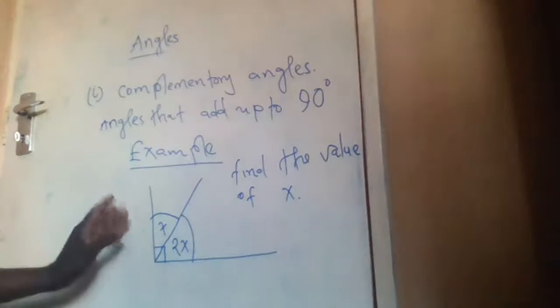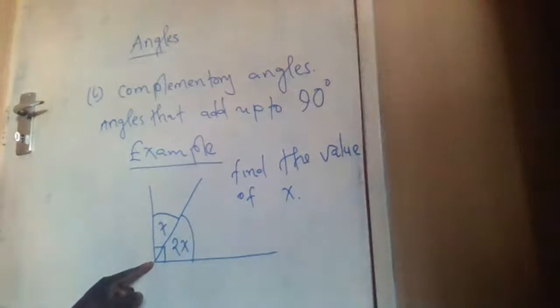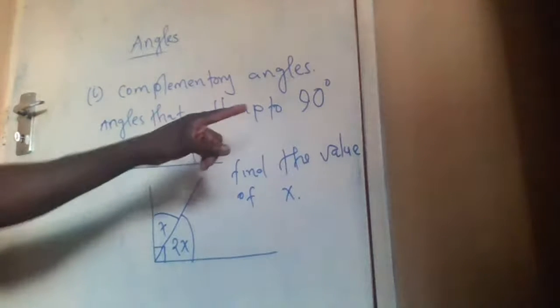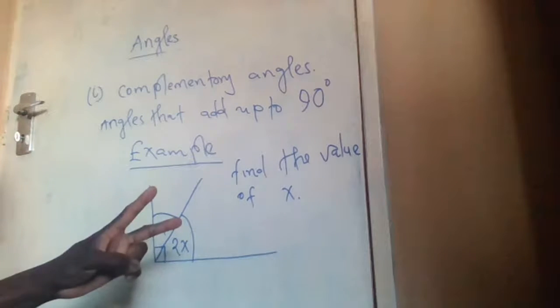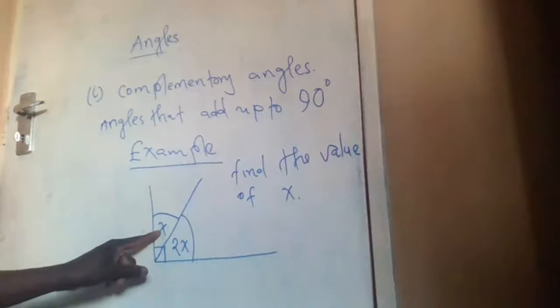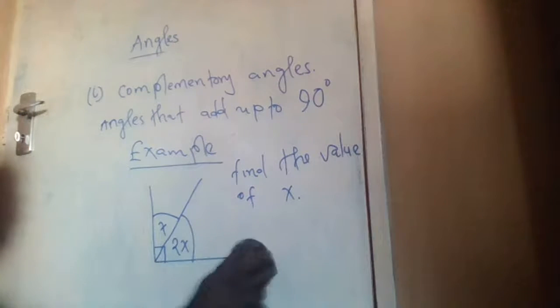Now you see what we have. They have not told us the maximum, but for as long as we know the symbol here, it's talking about the 90 degrees, which is the complementary we're talking about. Now they've just given us two portions within the 90 degrees: x, and the other one is 2x. So when they ask us to find the value of x, what are we supposed to do?